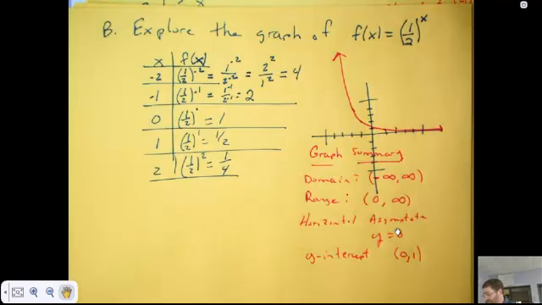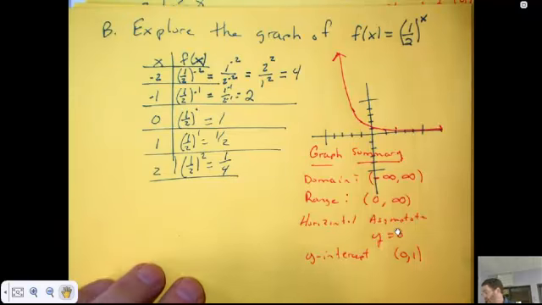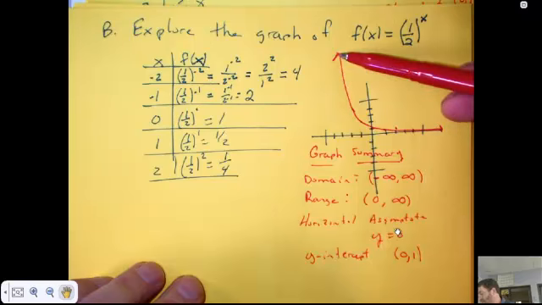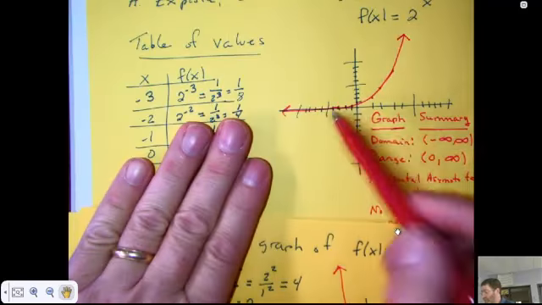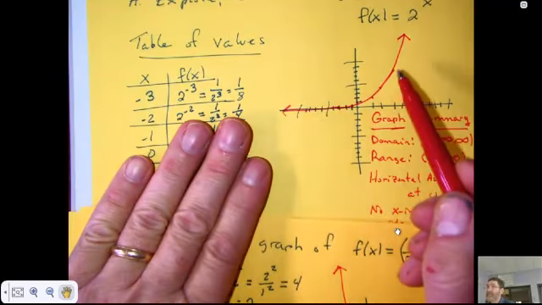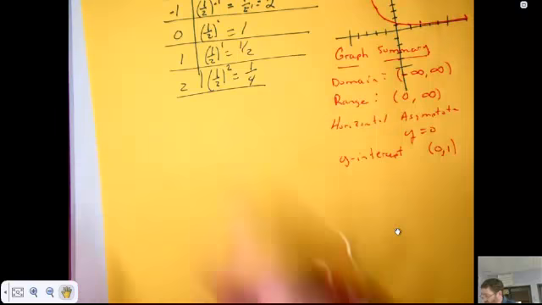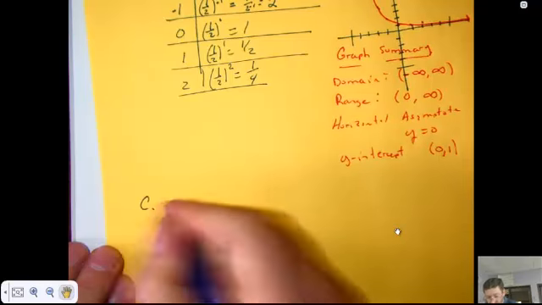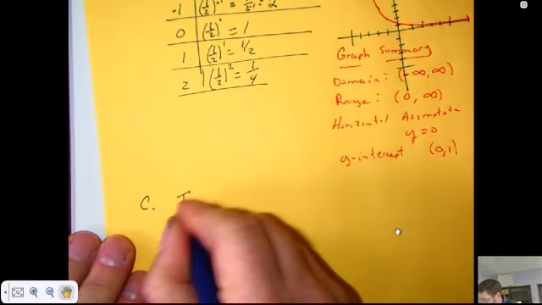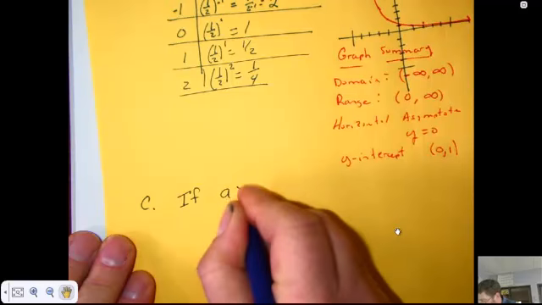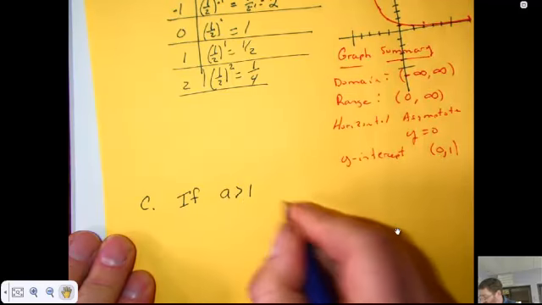So what's different about the graphs? In fact, if we think about it this way, this one is decreasing, so this one's going down, but the one we did before was increasing. So we can make that statement as well. If the base A is greater than 1, like the first one we did, then the graph is increasing.